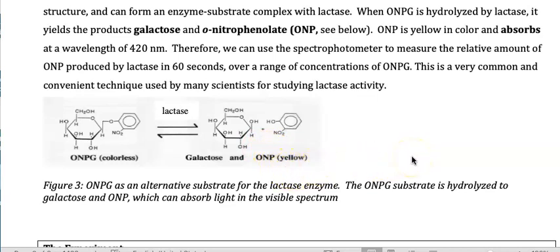The nice thing about ONP is that it has a color. And so depending on how much ONP product is in the test tube, you will get a higher and higher absorbance with a spectrophotometer. So what we'll be doing today is we'll be feeding the enzyme lactase the ONPG substrate, and we will be measuring the ONP product that gets formed.